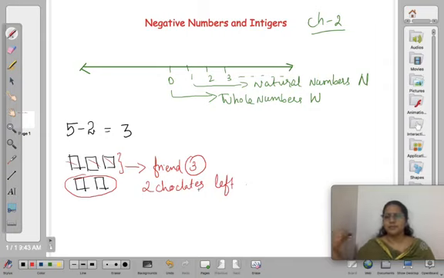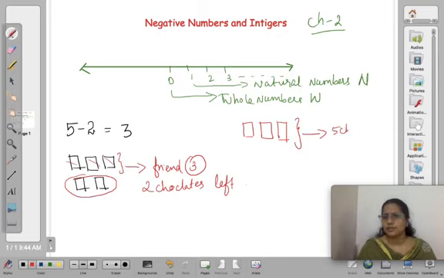Next, let us take it conversely. Let us consider you have 3 chocolates in your hand, and I told you to give 5 chocolates to your friend.